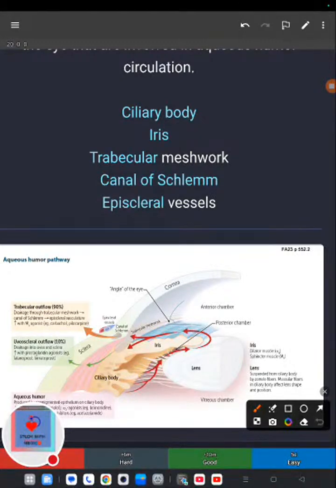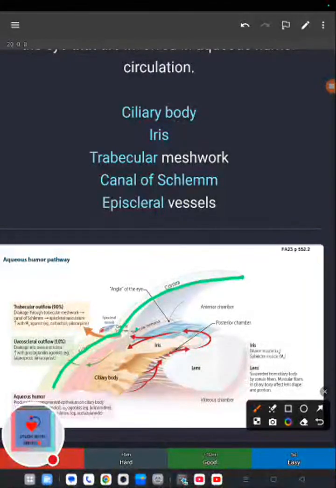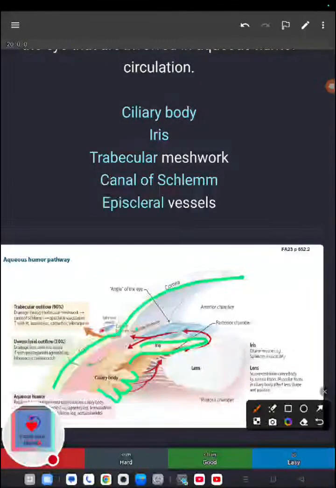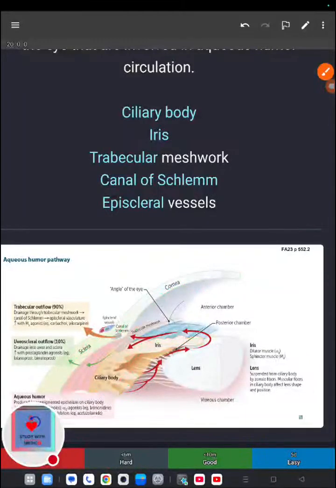This is your cornea, this is your sclera. Here you can see the ciliary body, pars plicata, and this is your iris. This is the uveoscleral outflow.